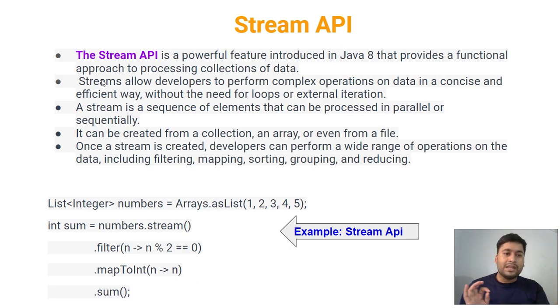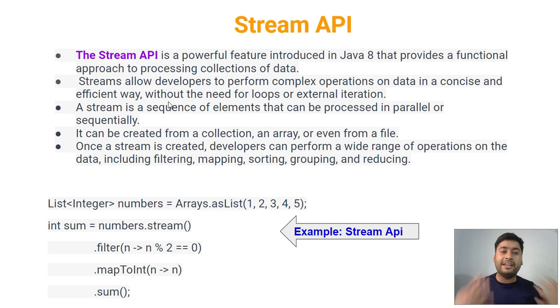The second thing is, a stream allows developers to perform complex operations on the data in a concise and efficient way. Concise means less code.